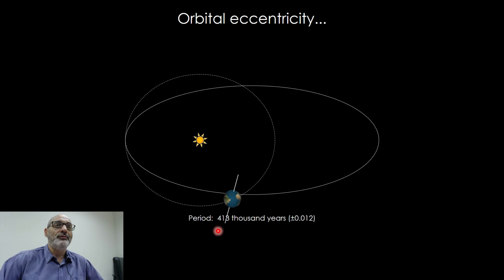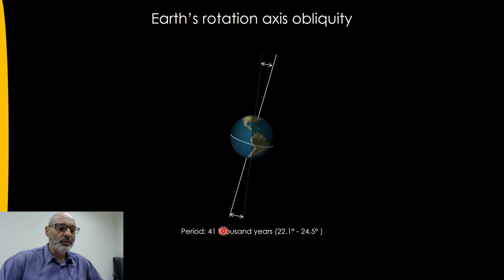And this has a period of 413,000 years, roughly. It also has obliquity, so the inclination of Earth's rotation axis with respect to the sun here, its inclination varies along the years.